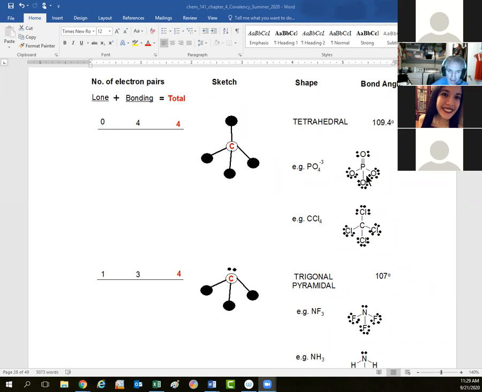We've seen phosphate, with 1, 2, 3, 4 chemical bonds. And at some point, I think we also did carbon tetrachloride with 1, 2, 3, 4 chemical bonds. So we've already seen Lewis structures which match this criteria. And these are molecules which would be considered tetrahedral, with a bond angle of 109.4 degrees each time.